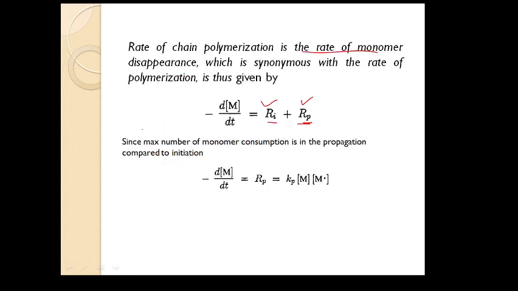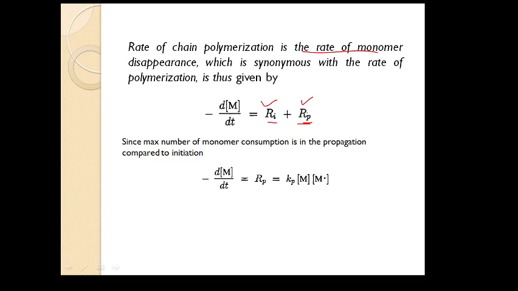So the number of monomers is maximum in propagation. This addition would be just like 100 plus 0.1. If I consider Ri as 0.1, meaning minimum number of monomers, and Rp as 100, then 100 plus 0.1 is nearly equal to 100.